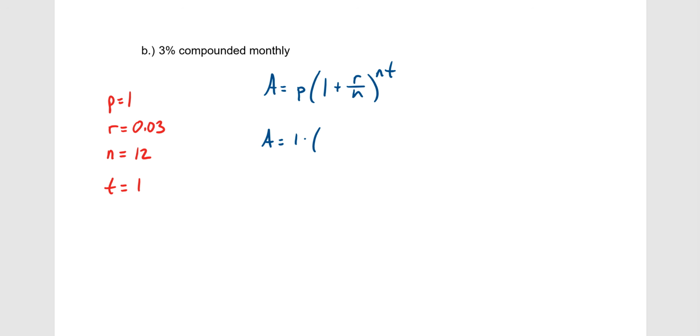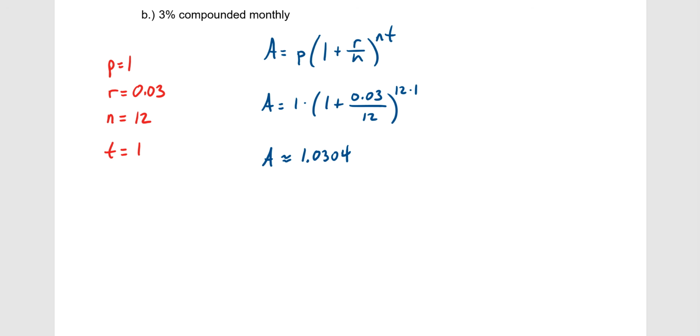We get 1 times 1 plus 0.03 over 12, raised to the 12 times 1. And we plug all of this in the calculator, and we end up getting about 1.0304. And we do exactly what we did before. We do the total amount minus the original principal.